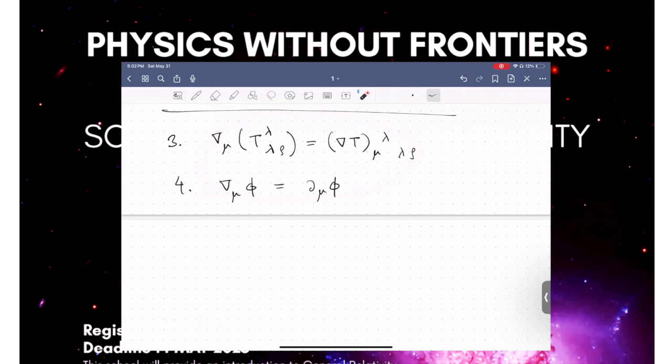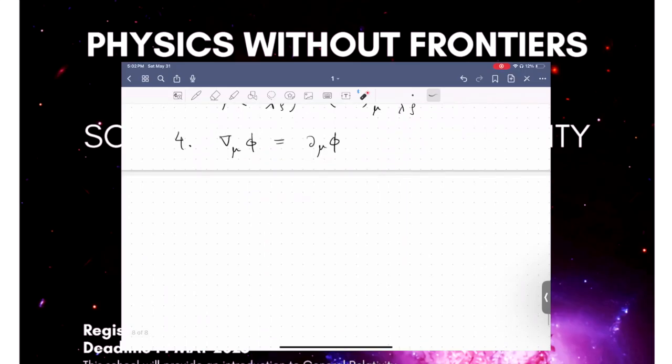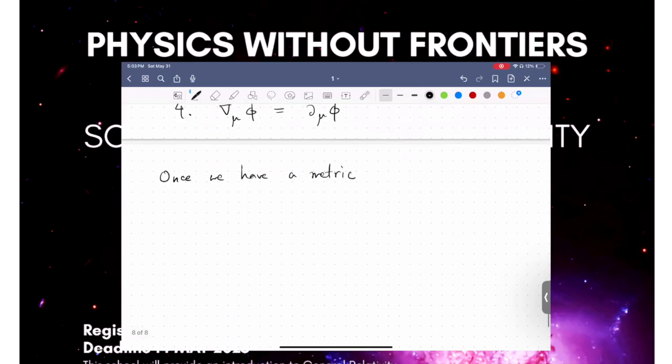And furthermore, once we have a metric, we will put even more constraints.